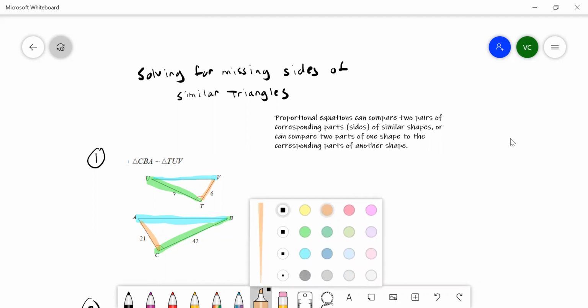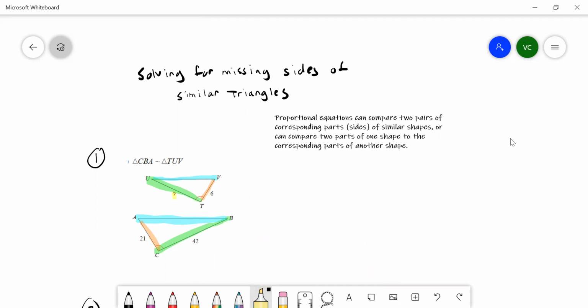Now, how do we find that missing question mark that I highlighted in yellow? From your textbook, let's look at the method. It says we've got to set up a proportional equation. Proportional equations can compare two pairs of corresponding parts, sides, of similar shapes.